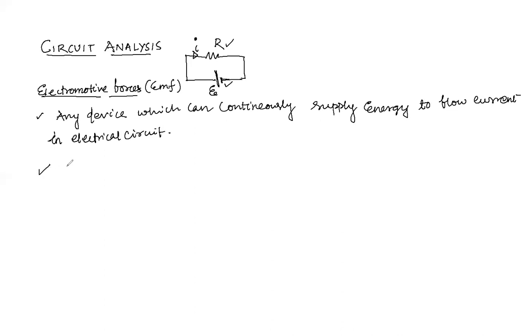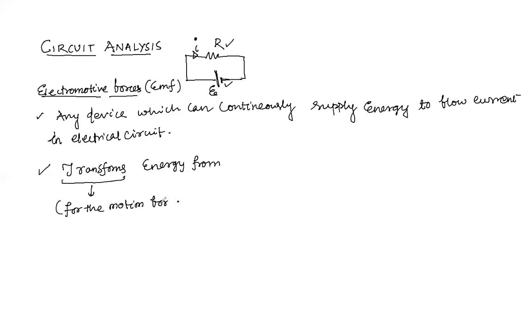And what is the function of a battery? A battery transfers energy from non-electrical form into electrical form. Why should it transfer the energy? This energy is transferred for the motion of free electrons, which we have already discussed.